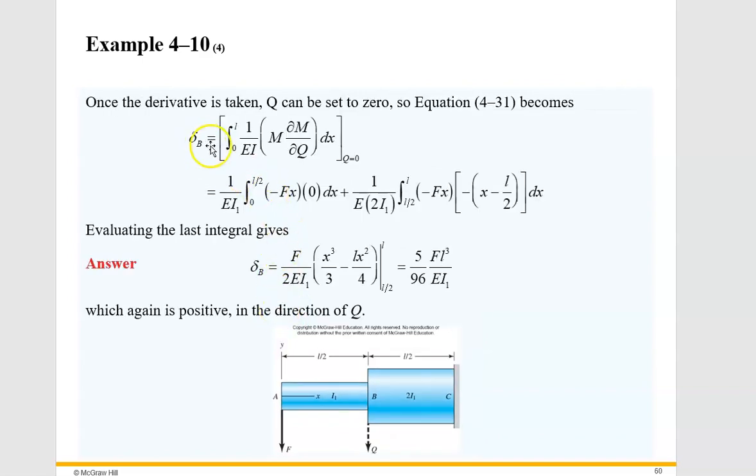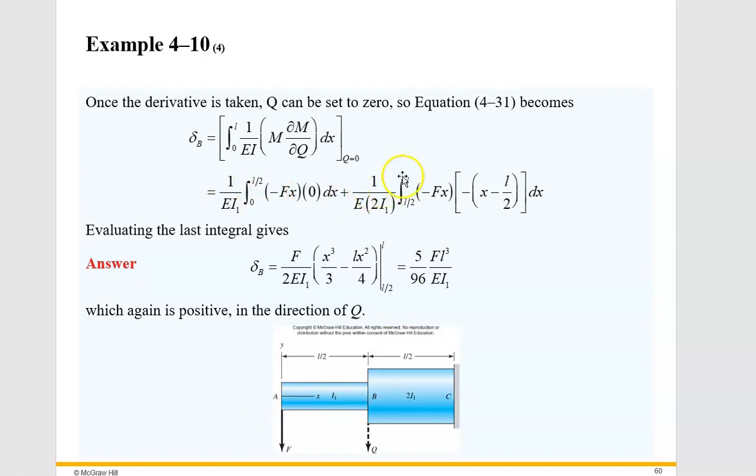We have our 0 to L over 2 component of the integral, where my derivative goes to 0, so this is going to go away, which is kind of what I would expect. The inertia from A to B is not impacting how much B is deflecting, even as the force is being transferred through AB.